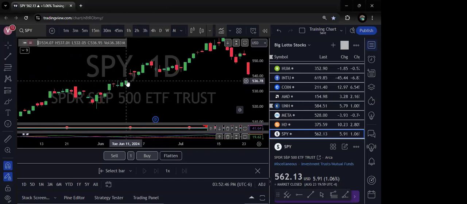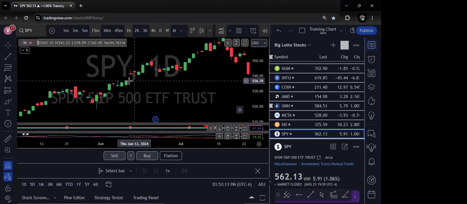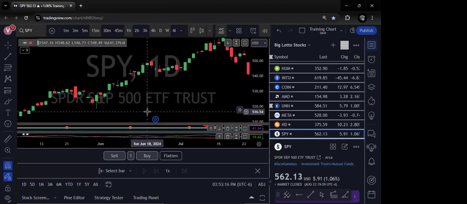It broke below the previous day low and broke above the previous day high, but the candle is red. So this is a bullish engulfing. You want to look at that stock the next day. Is it going to make the same sentiment and continue up?